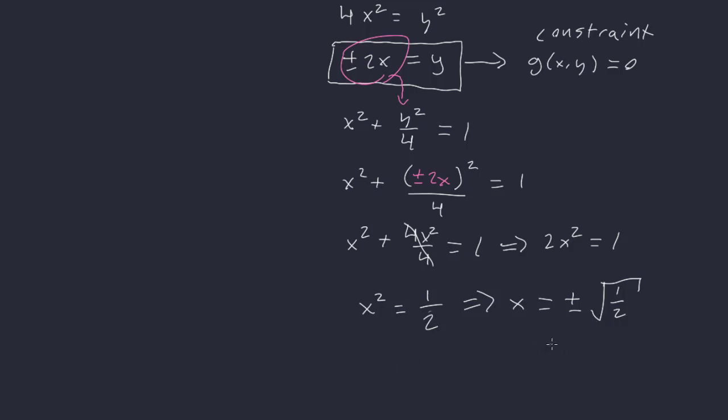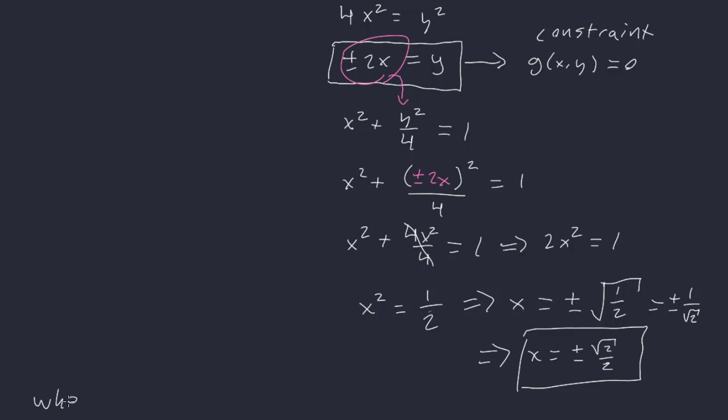Okay, so that can actually simplify to plus or minus root 2 over 2 when you rationalize the denominator. And that is actually what we ended up getting. Before, if you remember, our x's were root 2 over 2 or negative root 2 over 2, and now we have y is plus or minus 2x.